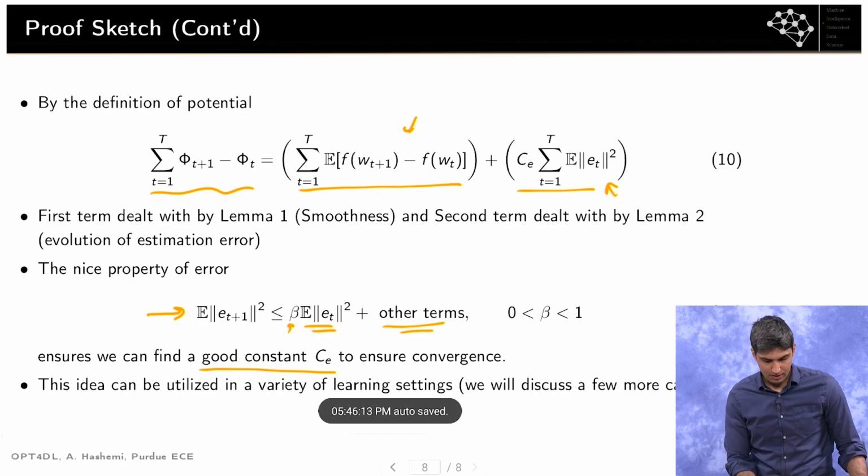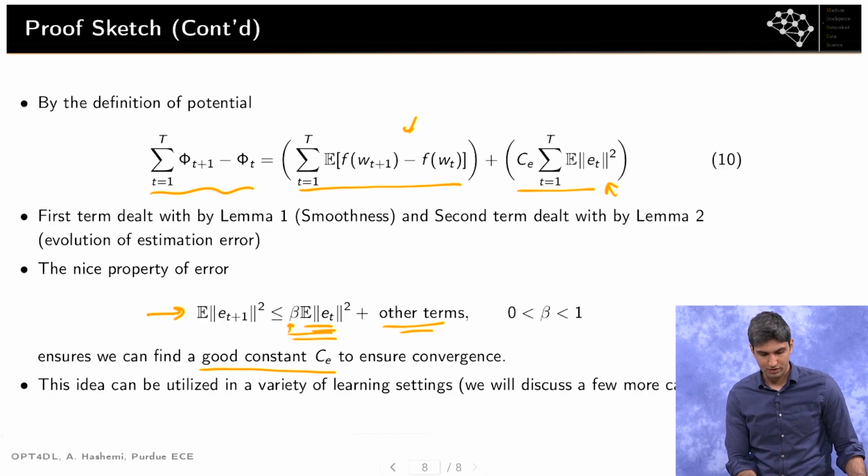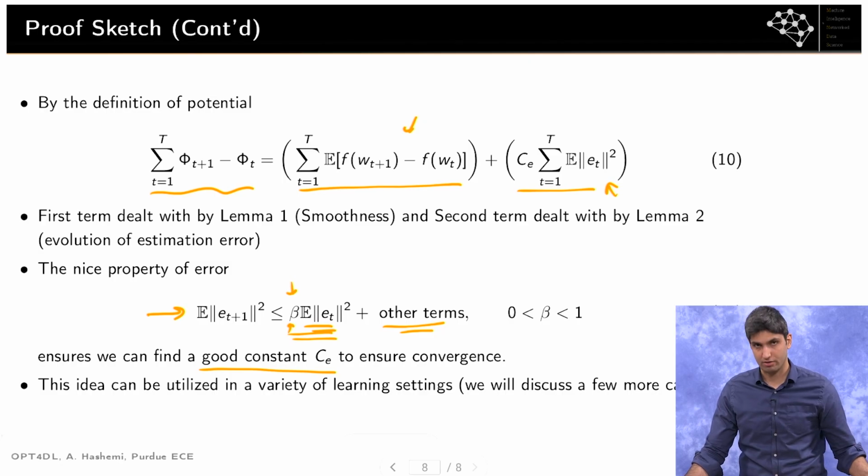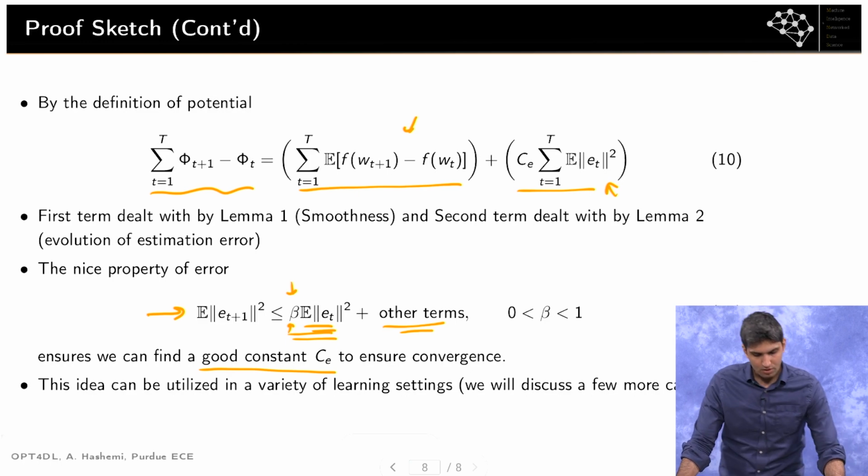In particular, the fact that I have this term here ensures that there is a constant C_e. If I didn't have this term, if beta or whatever coefficient I have here was not strictly less than 1, I could not find any constant. So that's why it's a very nice property of our error function, which arises from the way we are updating our parameter and the momentum vector. Okay. So there you go.